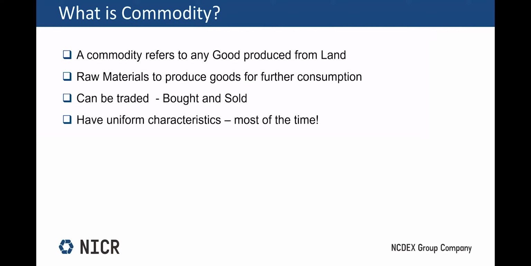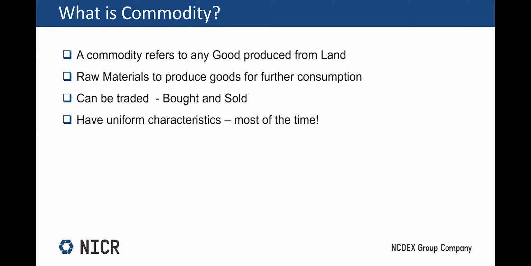They are also the raw materials which are further processed to add value for our further consumption, and they can definitely be used for trade and commerce, bought and sold either directly or within a market. Another very important characteristic to know is that within a commodity, there will generally be a uniform characteristic.